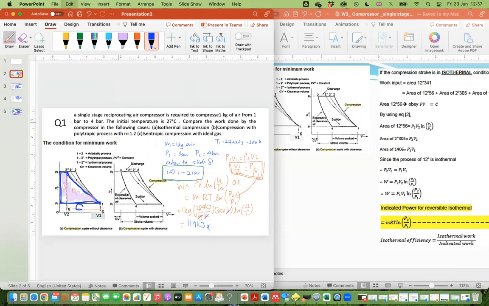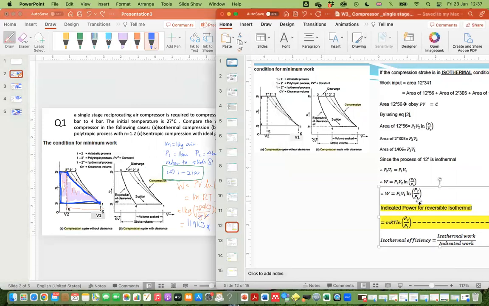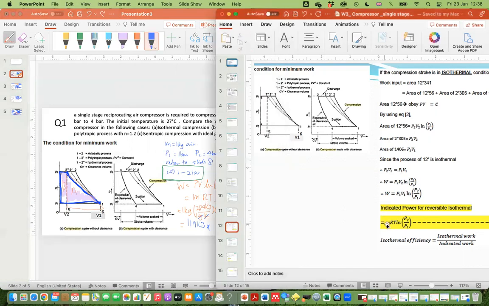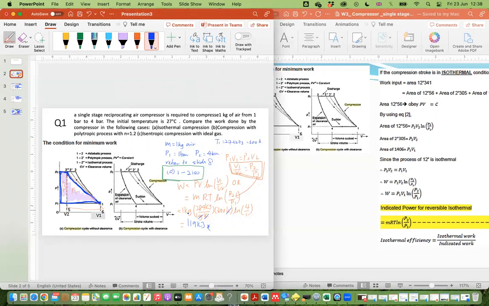Therefore, you have the equation P1 V1 ln(P2 over P1). In this case, we have our pressure, and we also have temperature but we don't have volume. PV equals MRT, so we can use the yellow highlighted one, plug everything in, and you have your work.